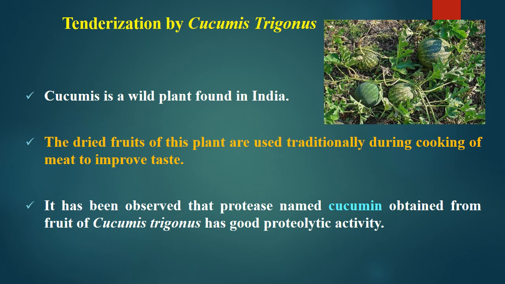But recently some of our scientists, especially at IVRI, have done some research work using this fruit and found that it is very good for tenderization of meat. It has been observed that a protease named cucumin obtained from the fruit of Cucumis trigonus has very good proteolytic activity, and that helps in the tenderization of meat.